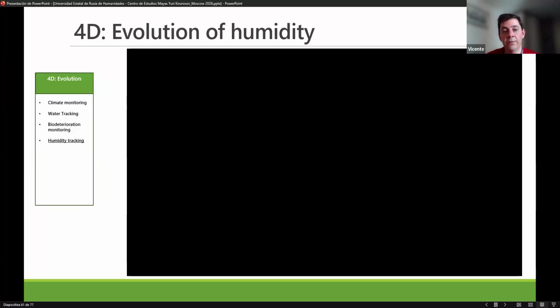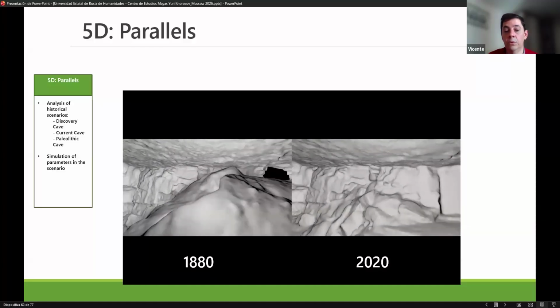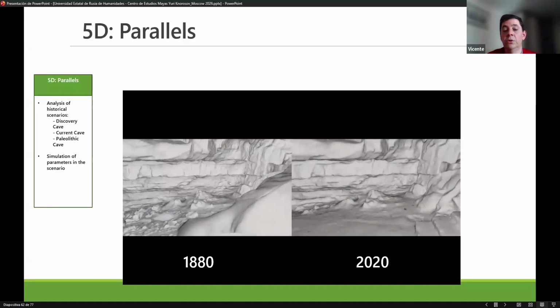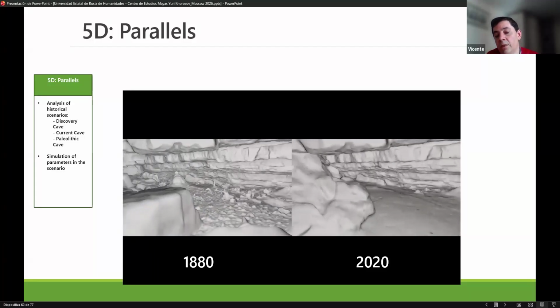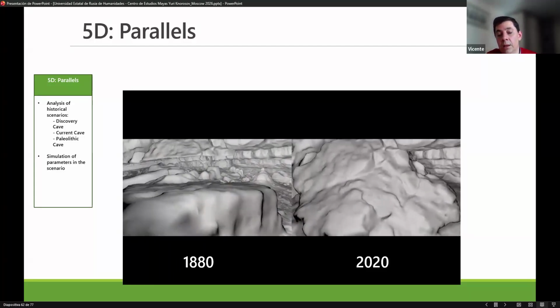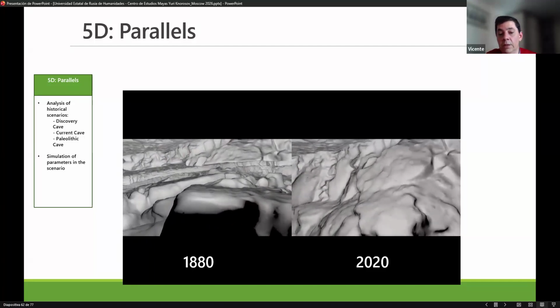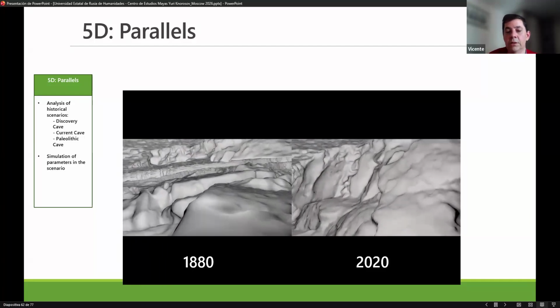But you can have the current model, and you can also develop a historical model. For instance, this is the current model of Altamira and the model of Altamira when the paintings were discovered.